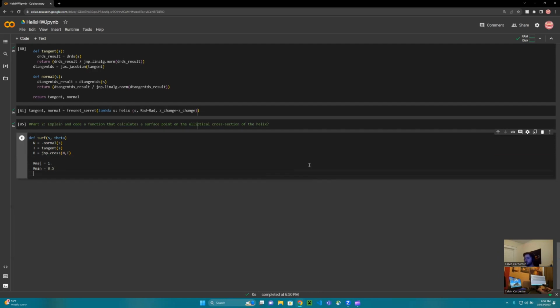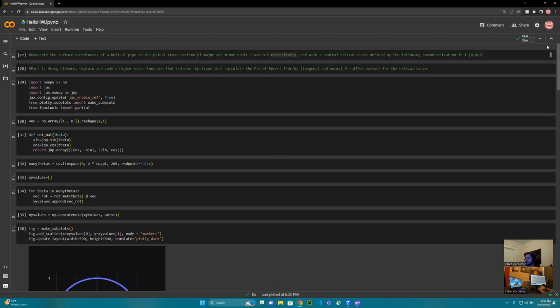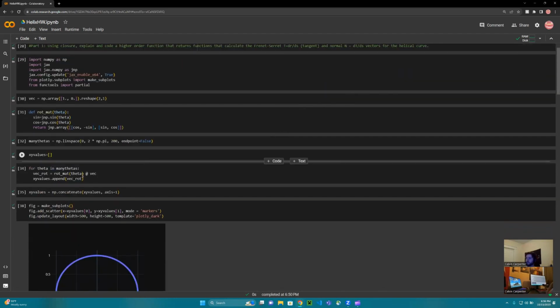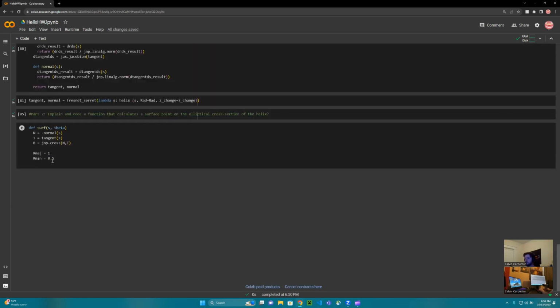And then we're going to do something similar to what we did up here, where we do a vector rotation. So we're going to take our rotation matrix formula that we already have. Actually, I think I should do this.